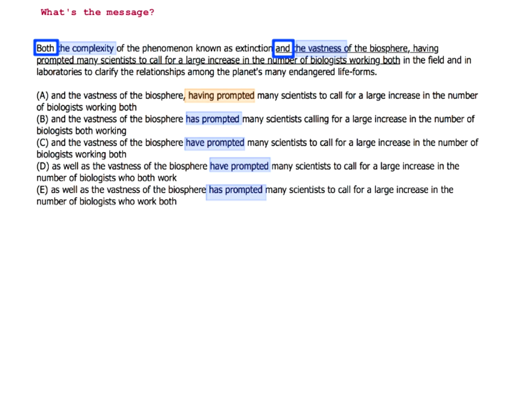So the message is, you know, these two things, complexity and vastness, have made scientists call for more people. Right, or call for it. Two things that made scientists think that biology needs more people.